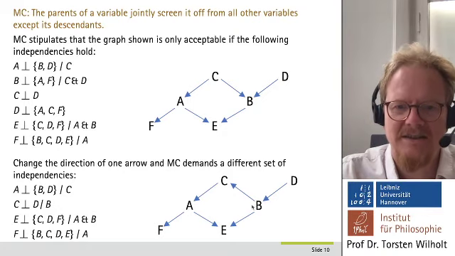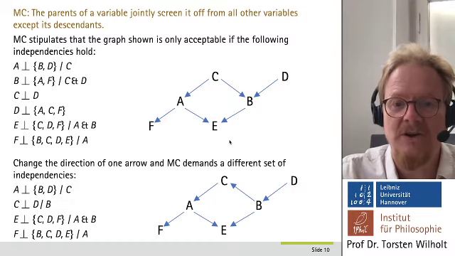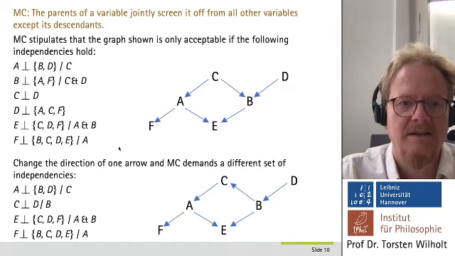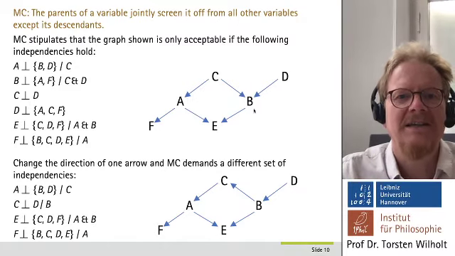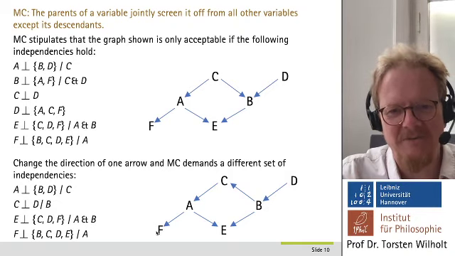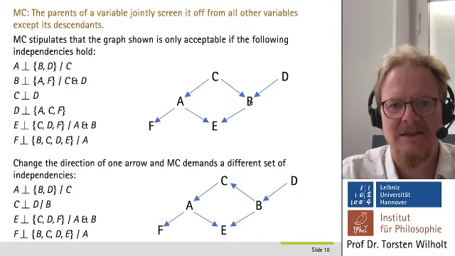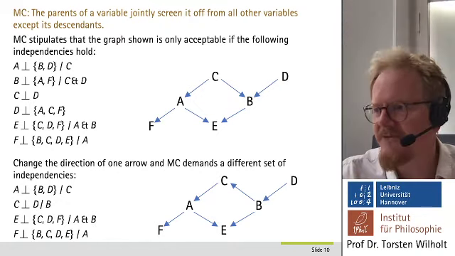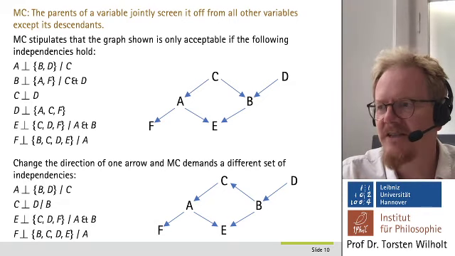For example, in this situation, where C is a causal intermediary between A and B, B must also be screened off from F by A. Sorry, here, B must not be screened off from F because F is a descendant of B, whereas here B must be screened off from F by C and D, here, but not here. So the set of screening off relations that must hold differs in both cases.